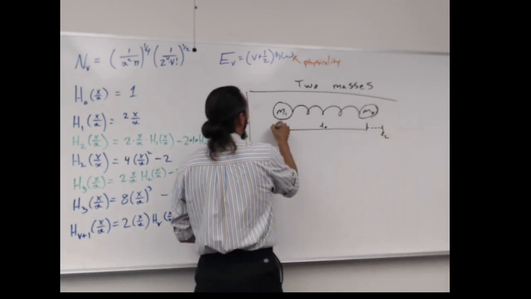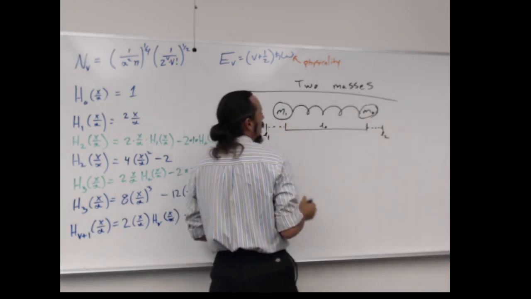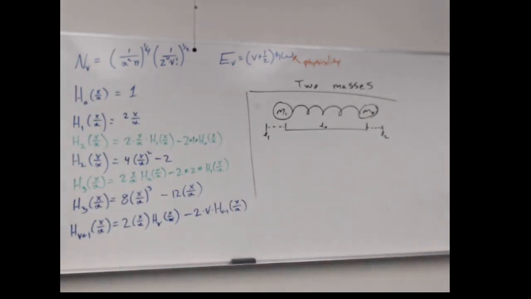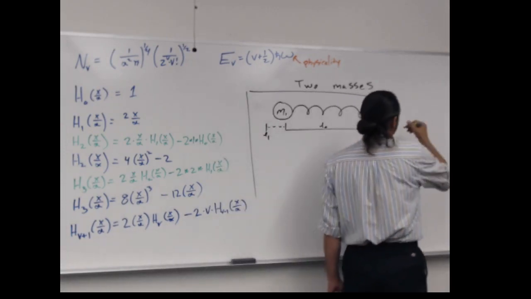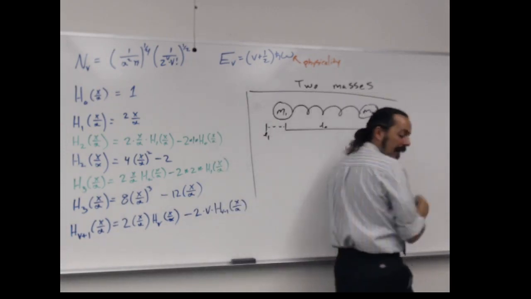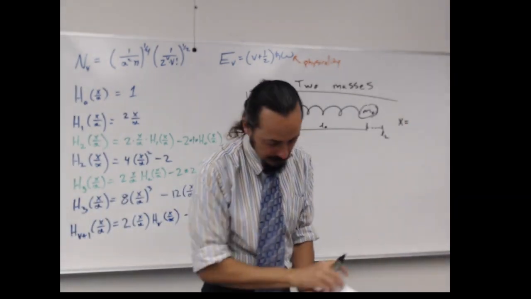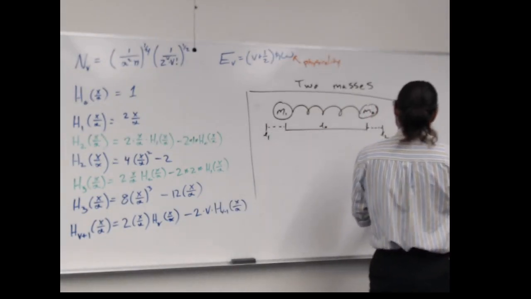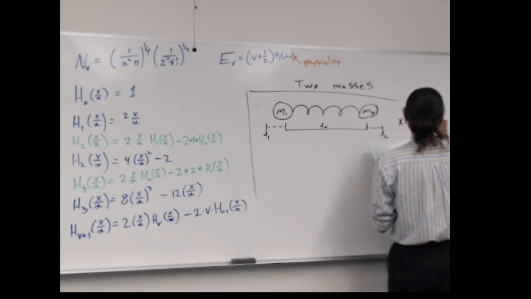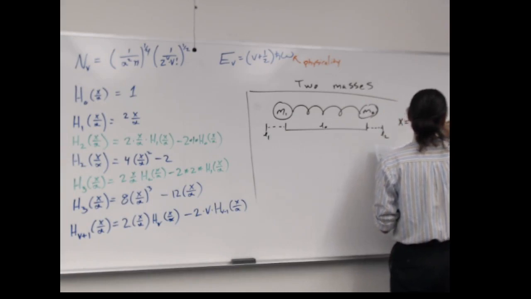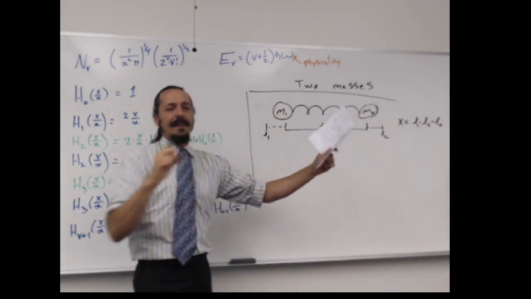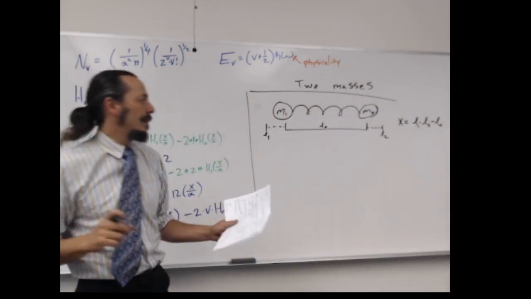We could have some displacement of L1. And again, we do the same thing we did earlier where we redefine that displacement idea into a variable. So we're going to have x is equal to L1 minus L2 minus L0. Right, so the total amount that the spring gets stretched or compressed, essentially.